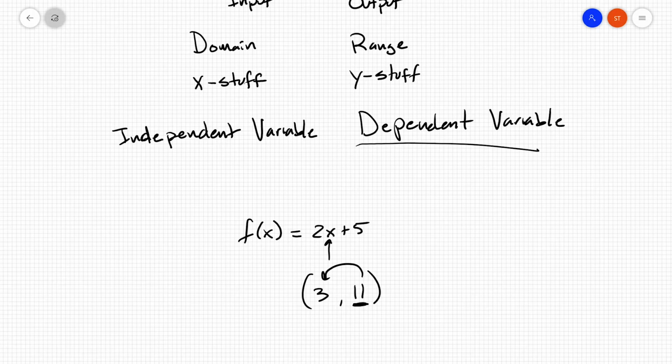Does the cost of the taxi ride depend on how many miles you drove, or does how many miles you drove depend on the cost of the taxi ride? Which one depends on which can help you set up which quantity should be the input, the domain quantity, and which quantity should be the output, the range quantity. So that's kind of nice. Those vocabulary words can help sort that out.